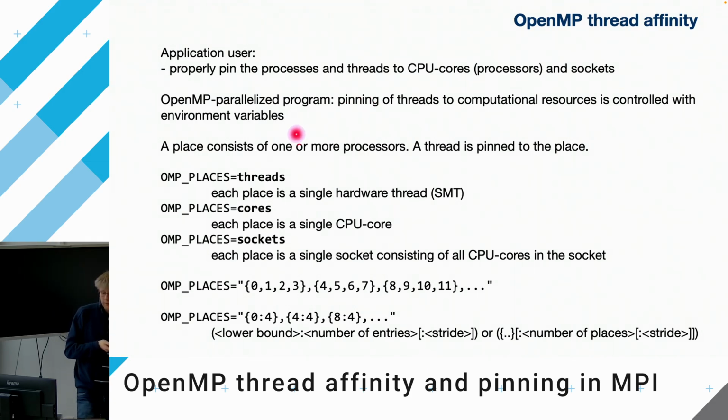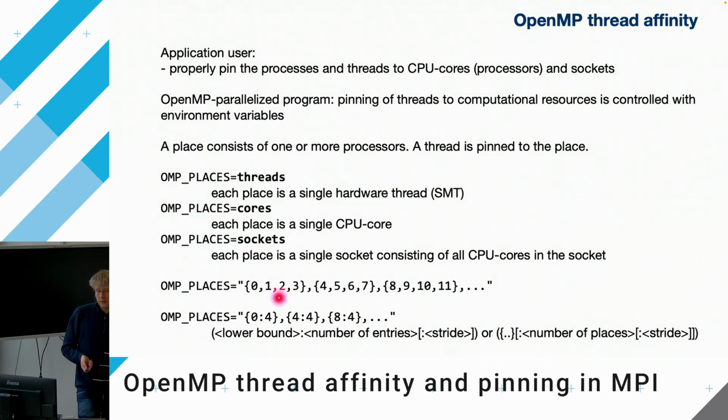So what can we do? In a compiled OpenMP program, if it's programmed properly, you can set the environment variable OMP_PLACES, and with this one you basically decide the granularity of the pinning. So you can say one thread should only be on one core, or for example, it should not leave a certain socket.